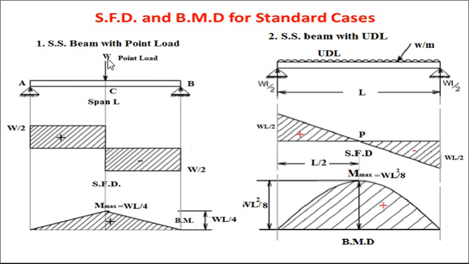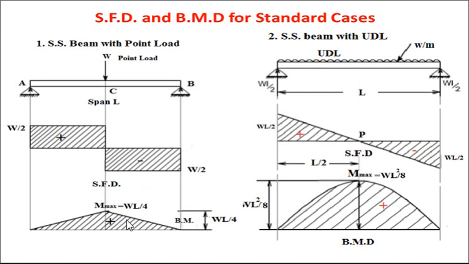Then there is a point load W here, so W by 2 minus W gives minus W by 2. Minus means below the line. C to B has no load, so a horizontal line. Then the reaction Rb equal to W by 2 comes, so minus W by 2 plus W by 2 is 0. This ordinate will be 0. This is called the shear force diagram.